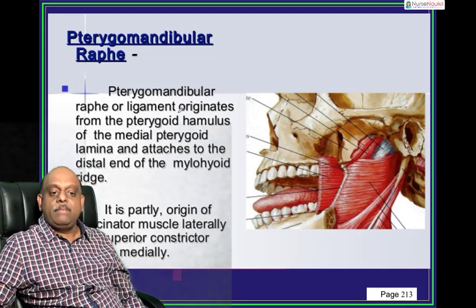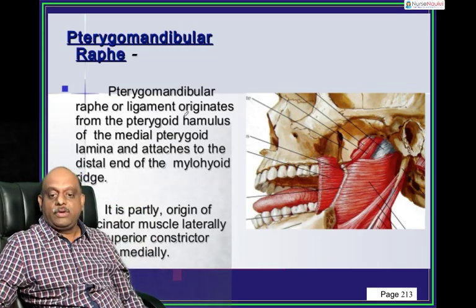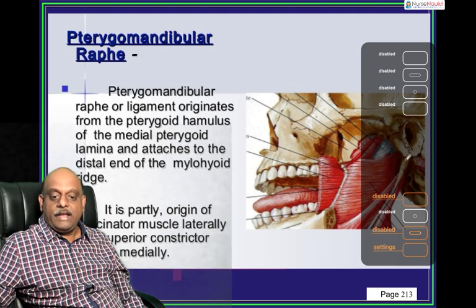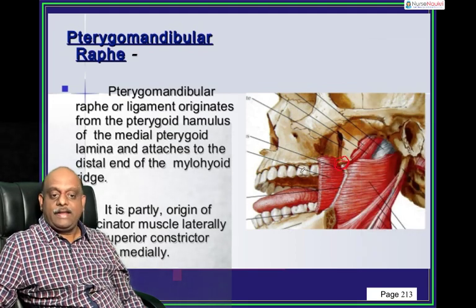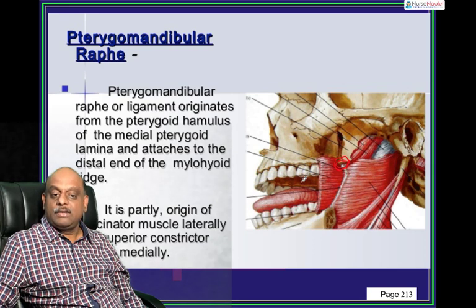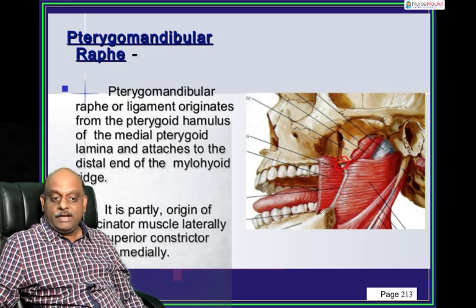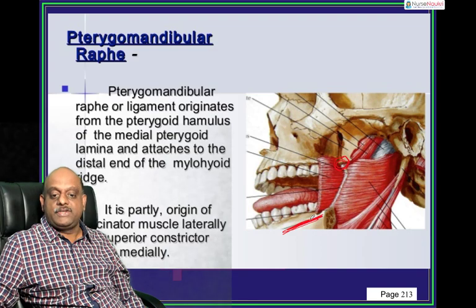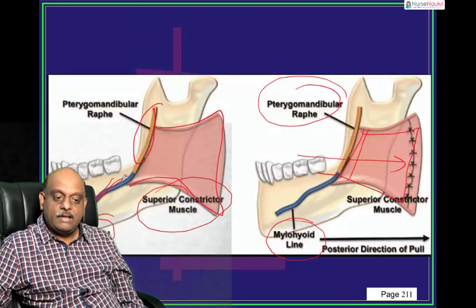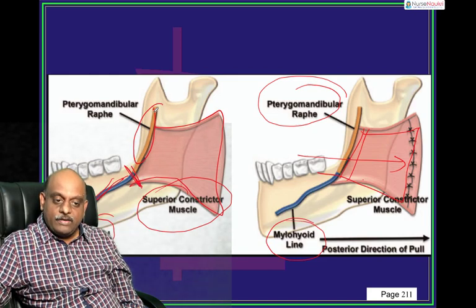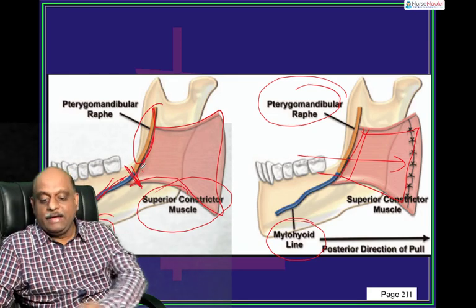So pterygomandibular raphe, it originates from the pterygoid hamulus, right, and attaches to the distal end of the mylohyoid ridge. You have seen, no doctor, the mylohyoid ridge का posterior end जो है ना, वहाँ जाके attach होता है.